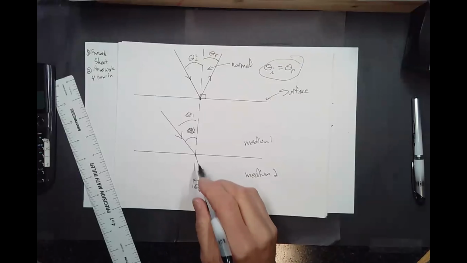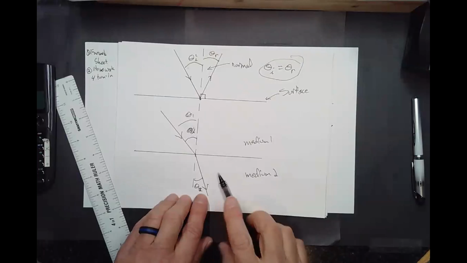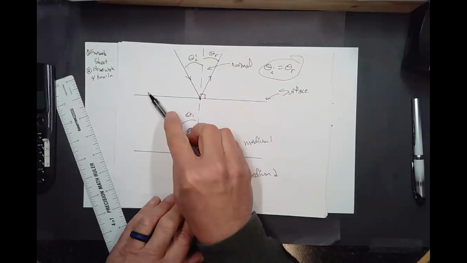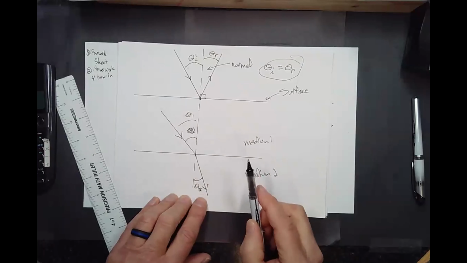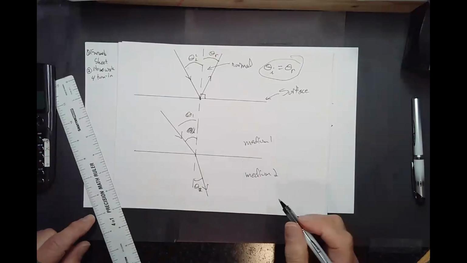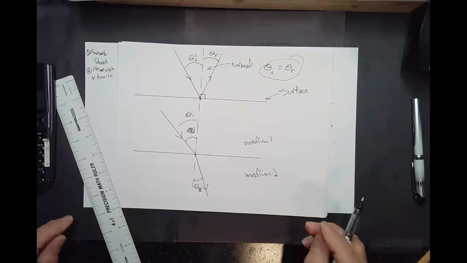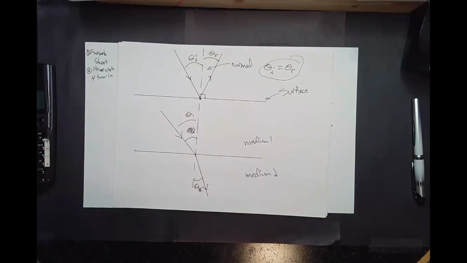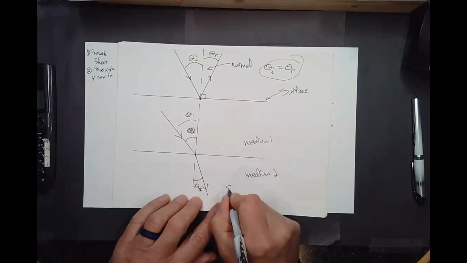Turns out if we went in the opposite direction, if we were in medium 2 and we had the light going up there, it would follow exactly the opposite path. And so there was a physicist, way back in, I don't remember which hundreds it was, probably 1700s, but his last name was Snell. And we have something called Snell's law.